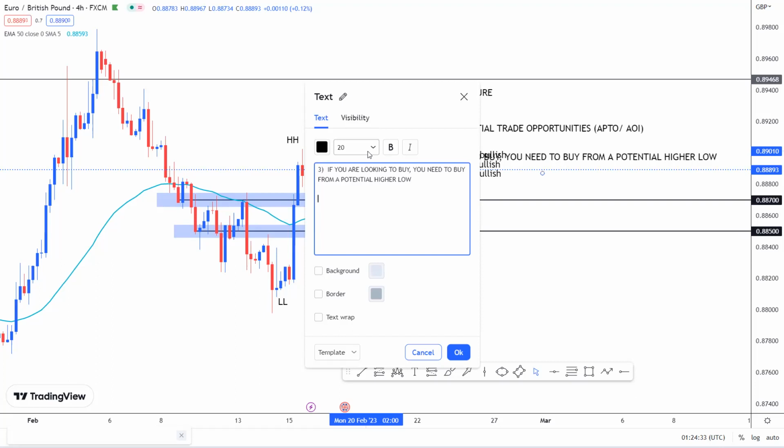And if you're looking to sell, you need to sell from a potential lower high.